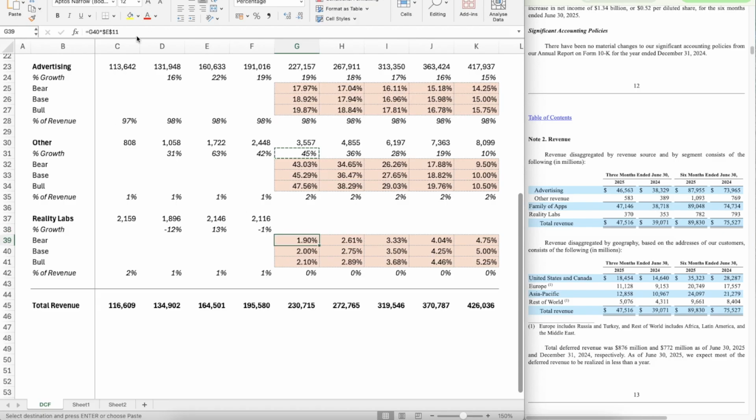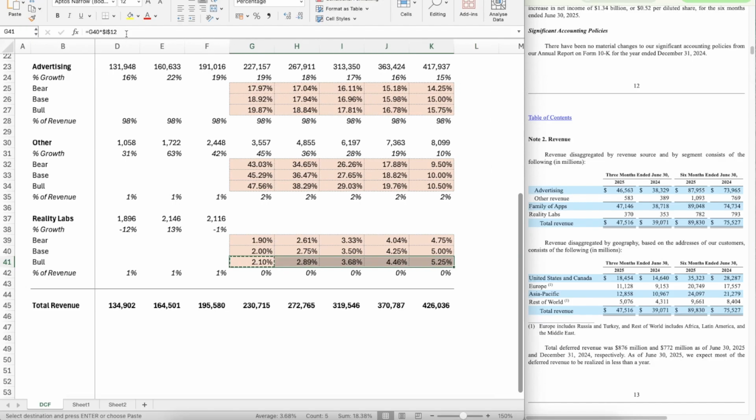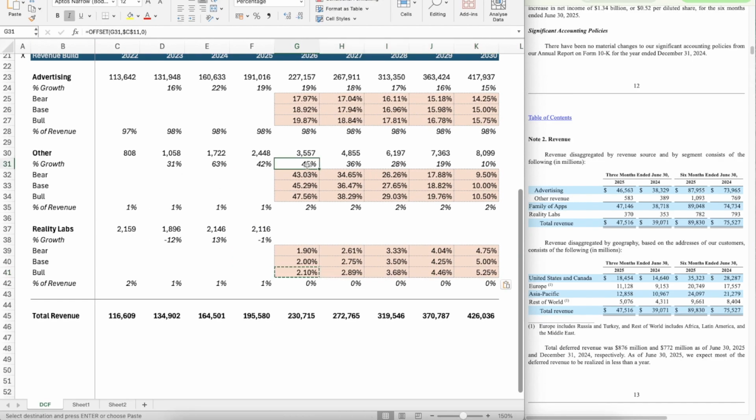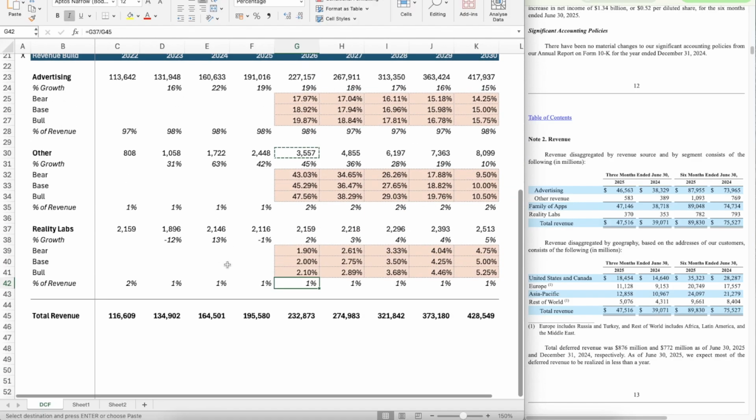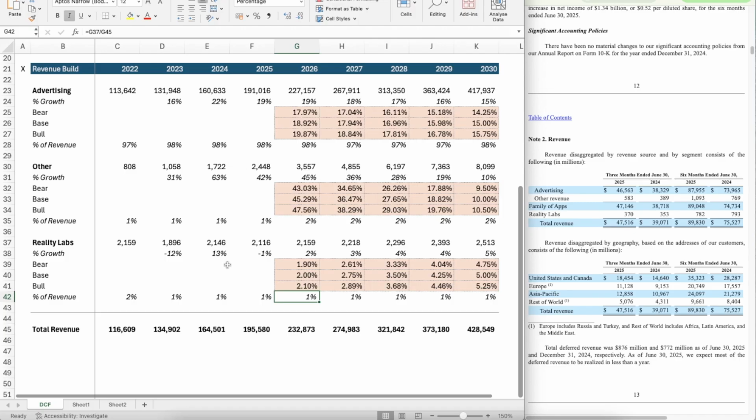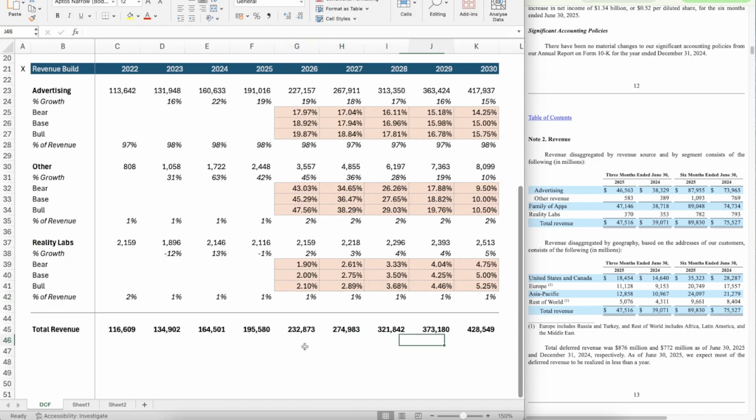It's possible that the Reality Labs part does significantly better, well, no, sorry, that has positive growth, not so significantly better. Okay, copy this down, change this to C12, and copy it across. There we go. Okay, that's our revenue build done now. So let's put in growth.